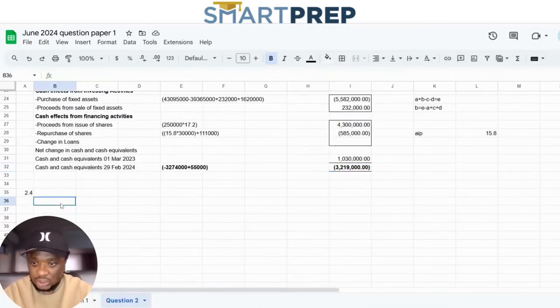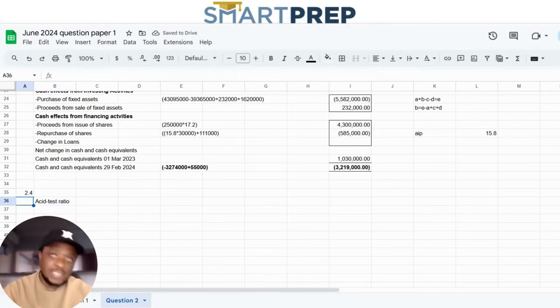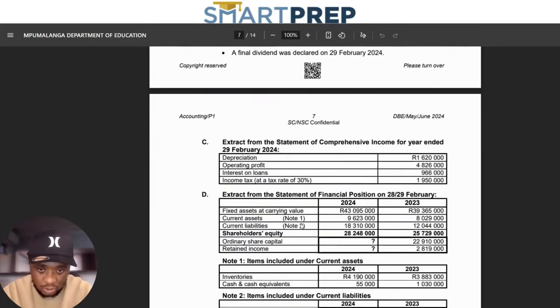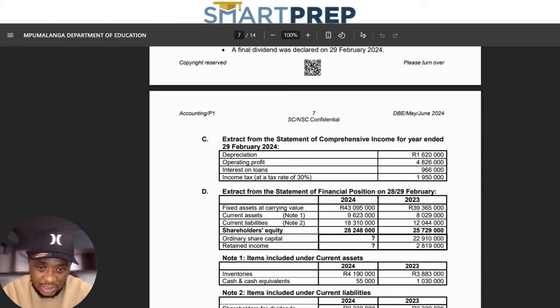So for the asset test ratio, we know that we will take current assets minus our inventory. So let's have a look at our current assets first. So current assets, we got 9,623,000, and then we need to subtract what belongs to inventory. So inventory of those current assets is 4,190,000.